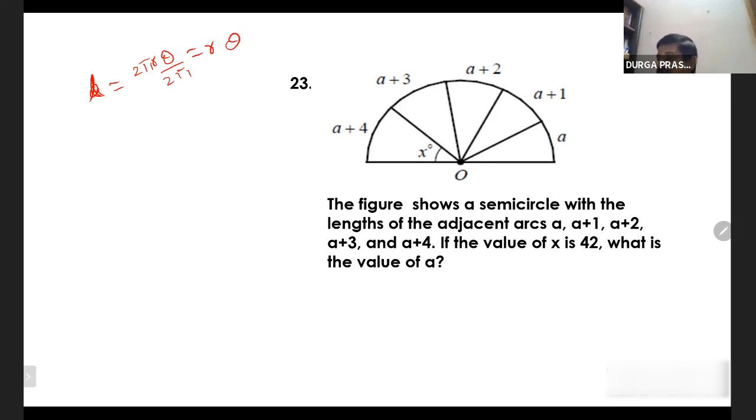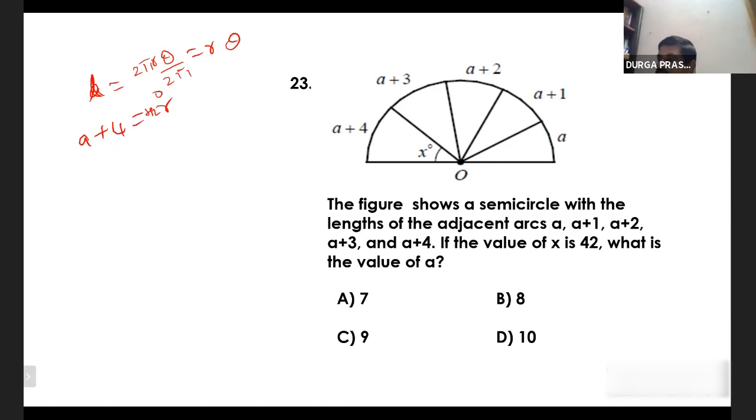So if I take this arc length a plus 4 equal to r, we don't know, into theta, which is 42 degrees. We can convert it into pi also. So the radius will be equal to a plus 4 by 42. You can take that. Now let us see how we work on this.